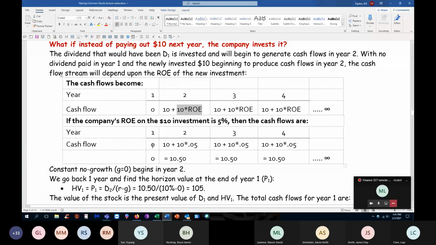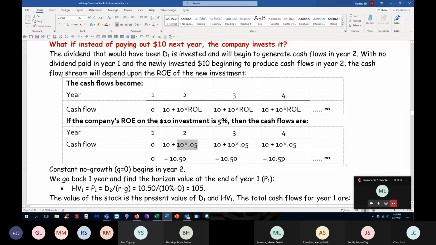We are reinvesting the $10 that we had expected to pay. Here is the original $10 that would have been paid in year two. And now we're going to earn 5%, forgive me, 5% on the $10 that we reinvested in year one. So that's 50 cents more. So now we're going to have a constant cash flow of 10.50, 10.50, and 10.50.